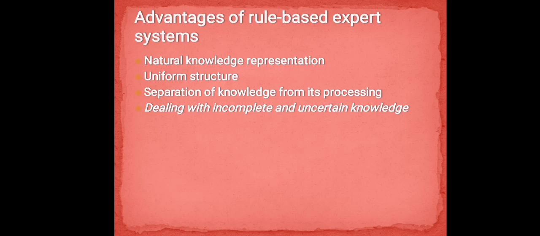The separation of knowledge from its processing: here the knowledge base is separated from its processing, so it won't be affected by the processing. Then dealing with incomplete and uncertain knowledge: by using that we can conclude some partial things, and by using those partial things we can conclude some specific things. That is the use of a rule based expert system.